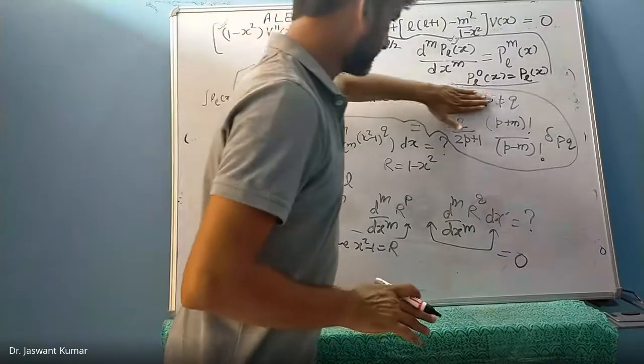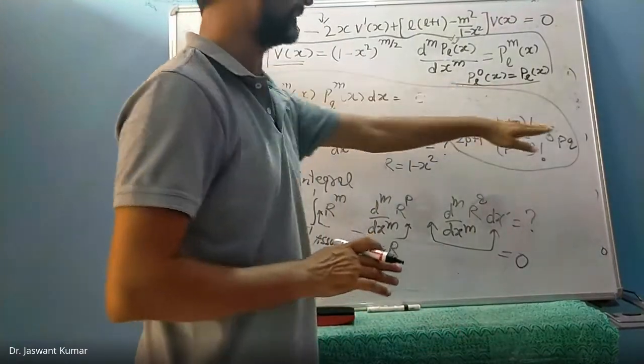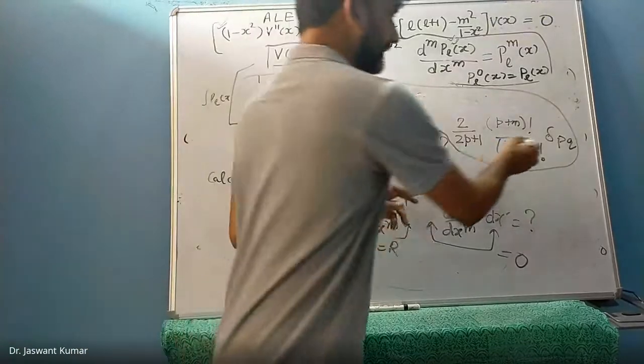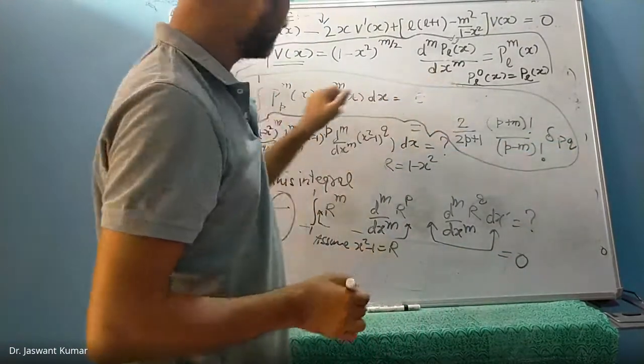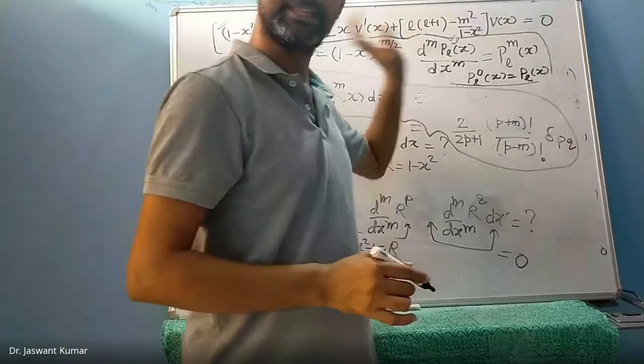You can then remove this if you write a delta pq. अगर आपका p और q equal नहीं है तो this integration will be equal to 0. If p and q are equal, then this will be the integration.